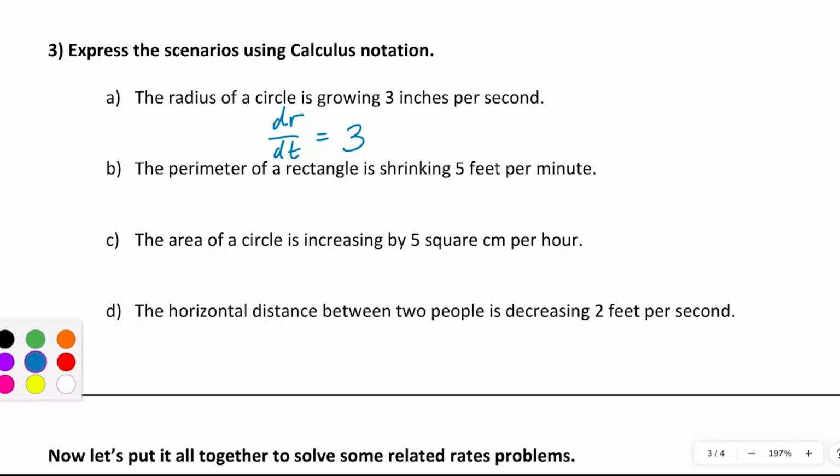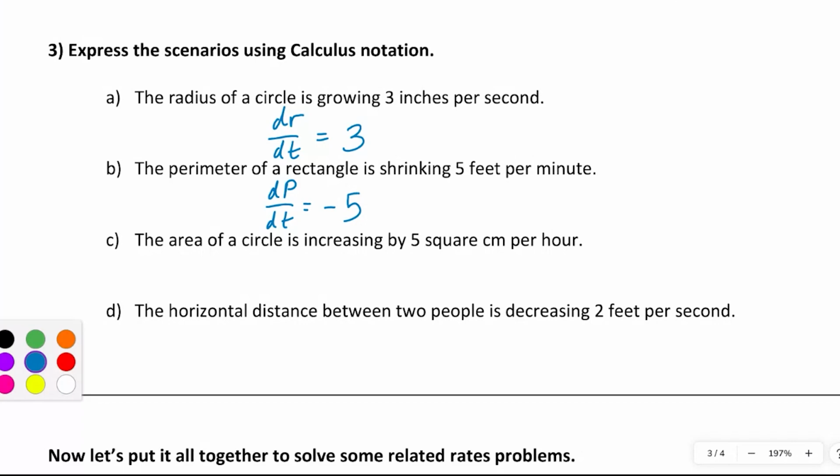And if they give you information about the rate of change of something, that's going to be one of those differentials. If the perimeter is shrinking at 5 feet per minute, that means the perimeter is changing at a rate of -5 feet per minute, because it's shrinking, it's getting smaller.